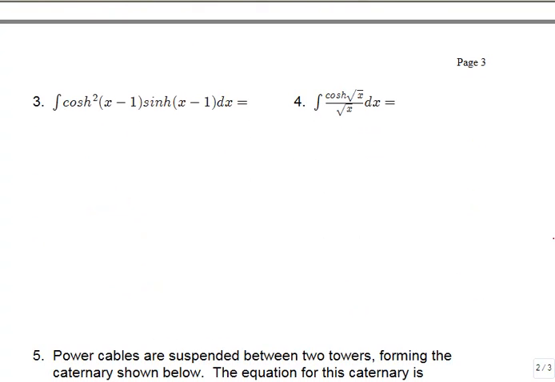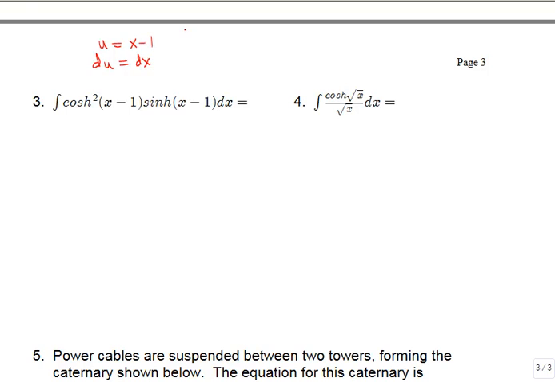All right, let's try a couple of integrals. What's the integral of cosh squared of x minus 1 times sinh of x minus 1 dx? So in order to do this, we're probably going to need to do a little bit of a u substitution. There is an obvious sort of inside function, this thing in the parentheses. So if we let u be x minus 1, then du is the derivative of x minus 1, which would just be 1 times dx.